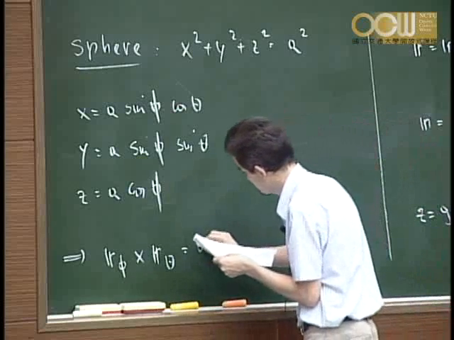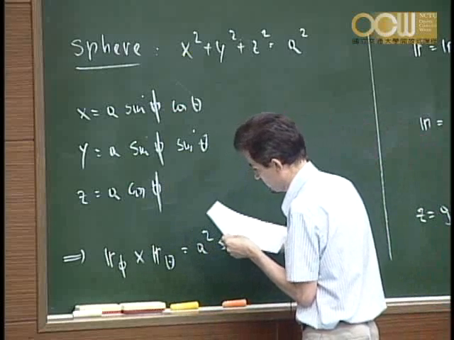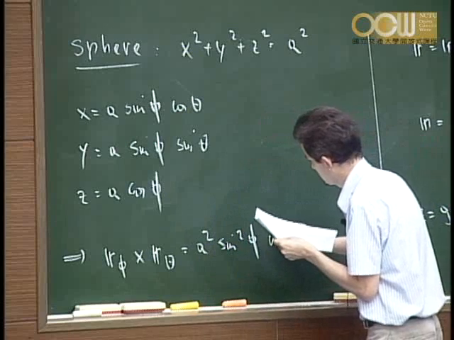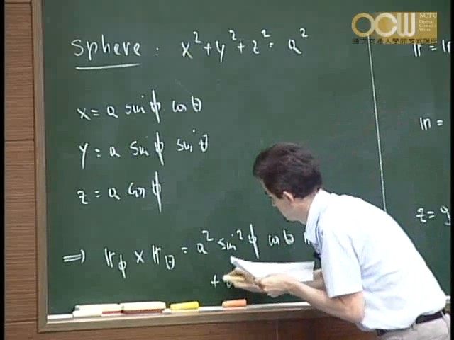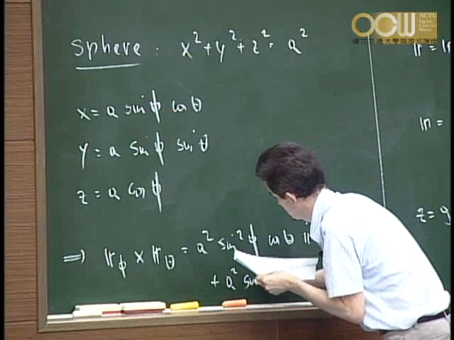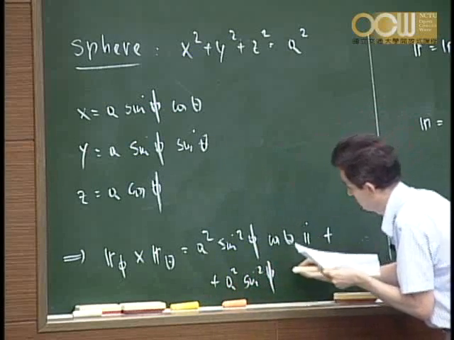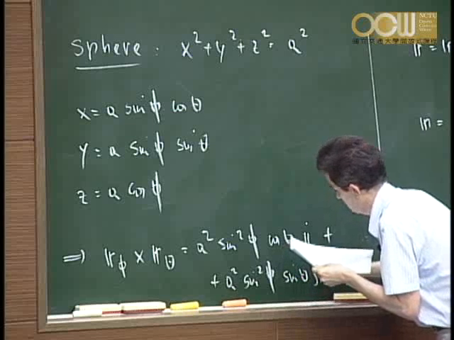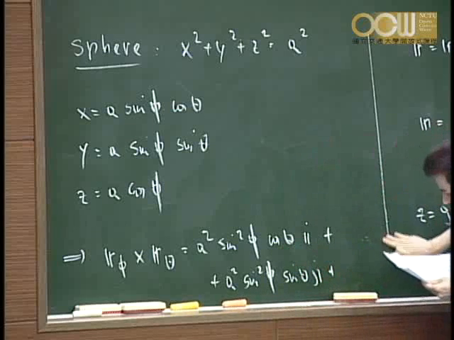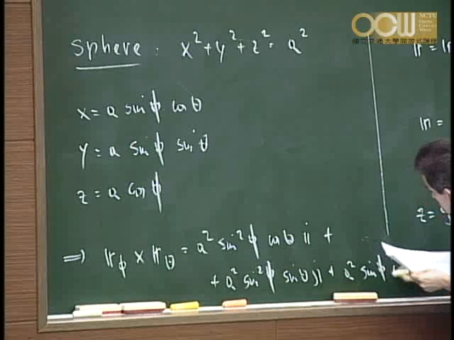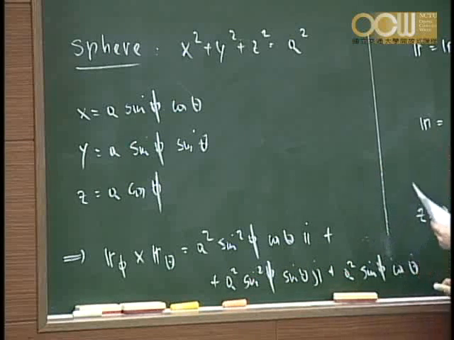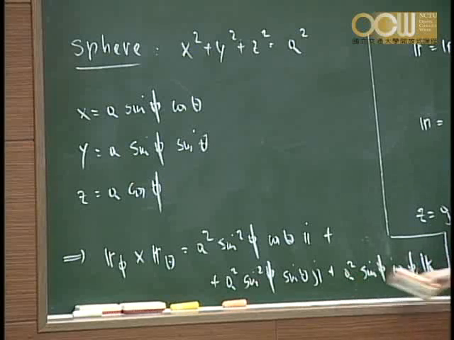So this is a squared sine squared psi cosine of theta i plus a squared sine squared psi sine of theta j plus the last coordinate is a squared times sine of psi cosine of psi k.